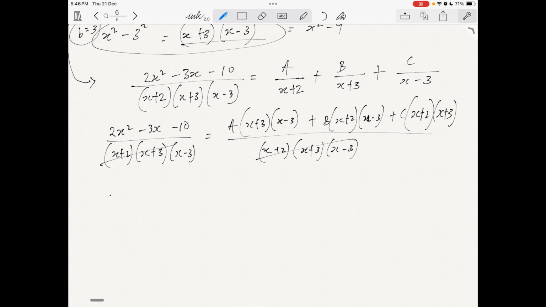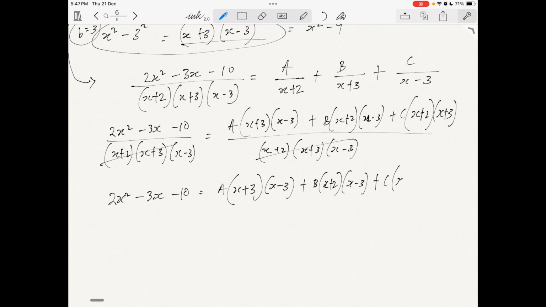So we have 2x squared minus 3x minus 10 equals a into x plus 3, x minus 3, plus b into x plus 2 and x minus 3, plus c into x plus 2 into x plus 3. Now the question is, what is the best method to use in this scenario?